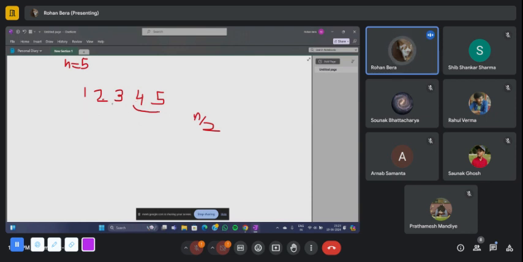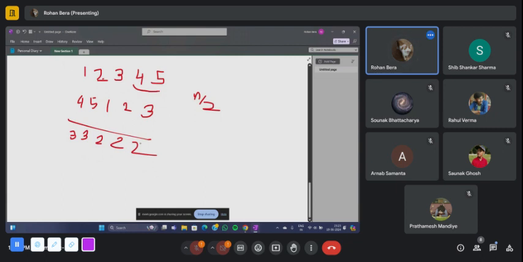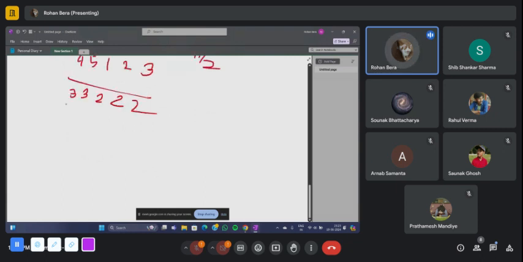So if I write this array like this, 4, 5, 1, 2, 3, the difference between these two numbers will be 3, and between these two numbers will be 3. This will give me 2, 2 and 2. And the minimum of all these numbers will be 2.